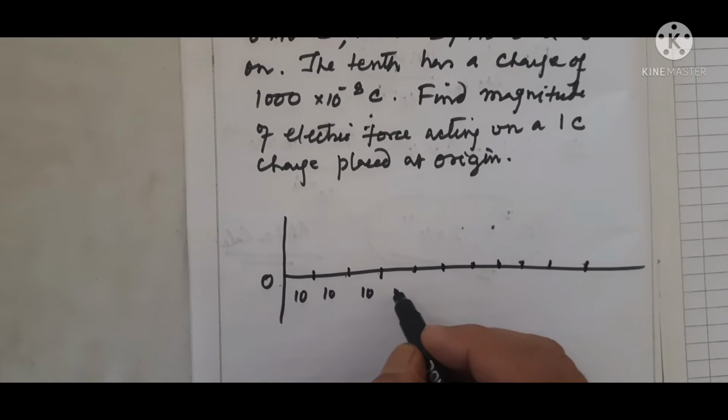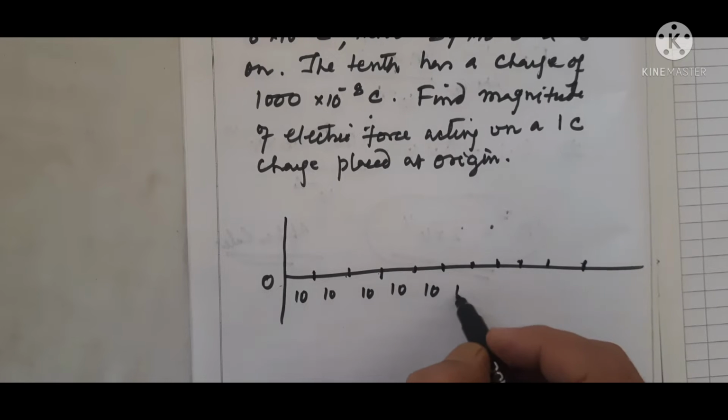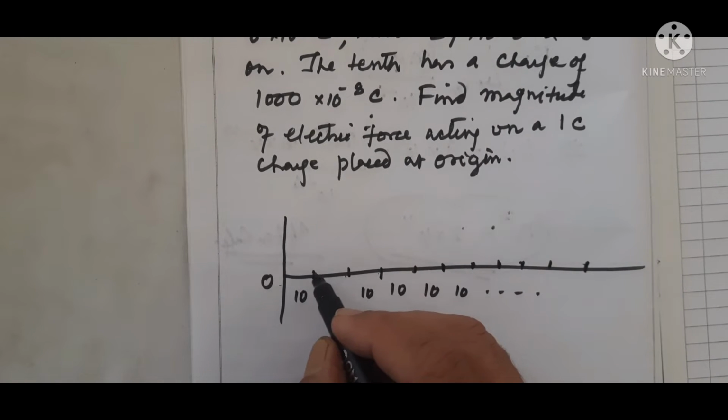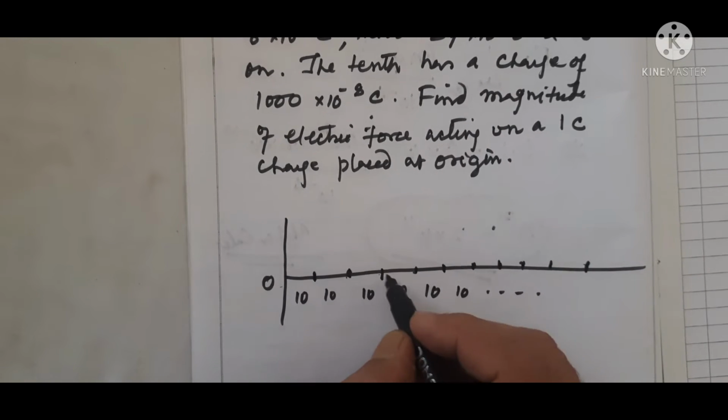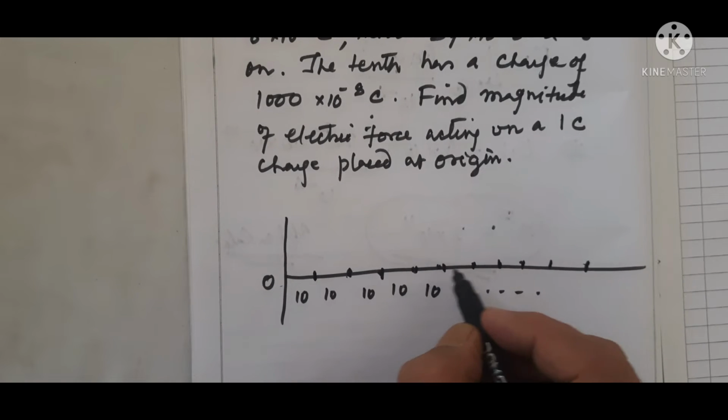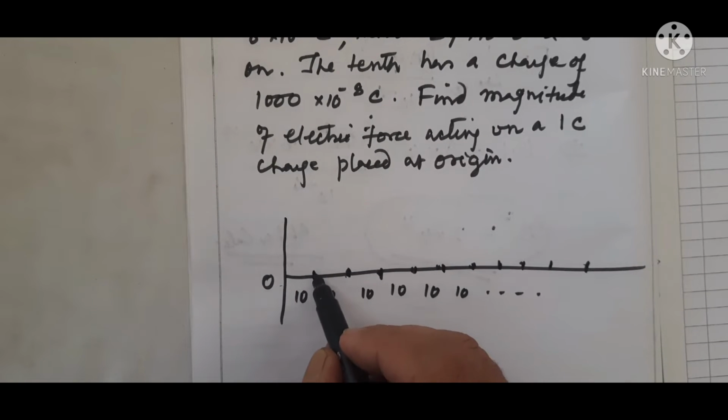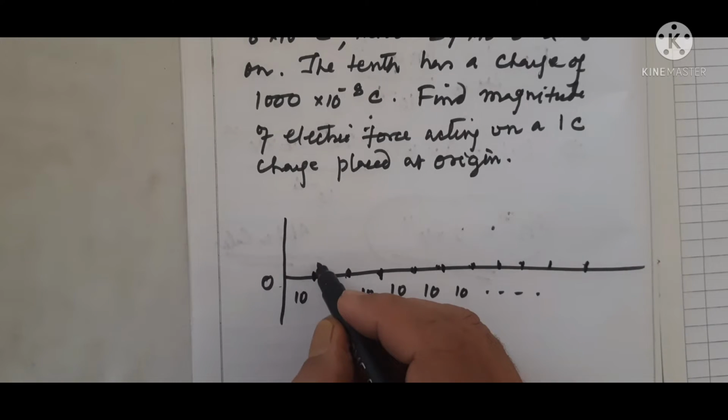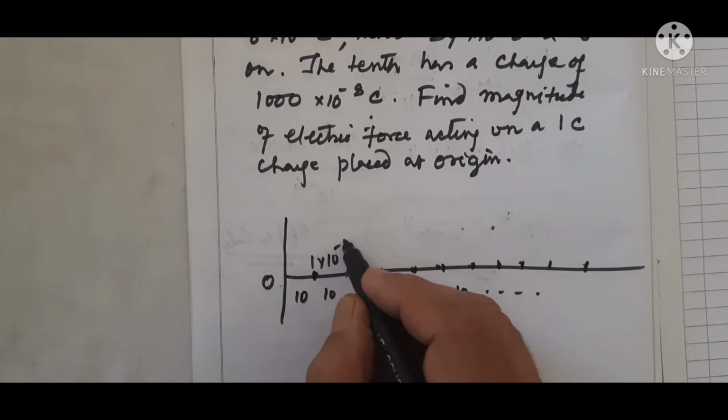The charges are also given at each of these points. So here the charge is 1 into 10 to the power minus 8.